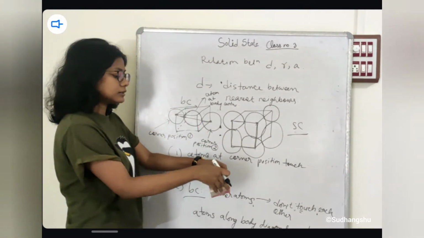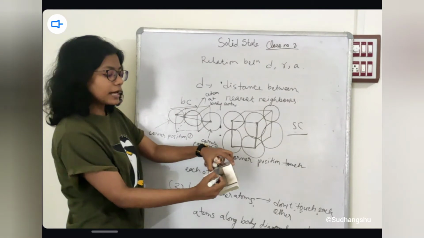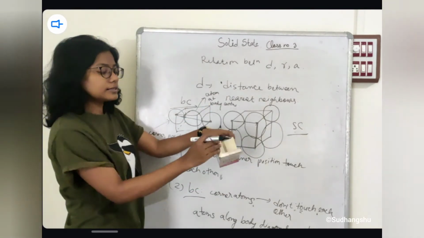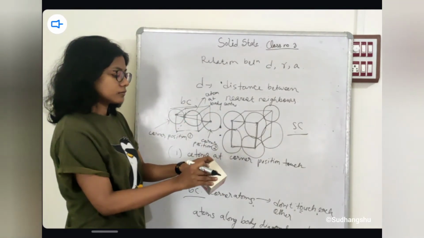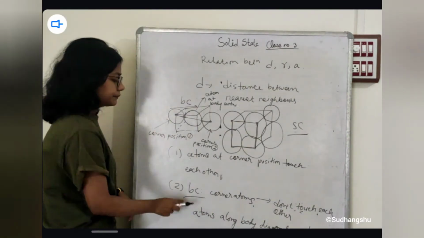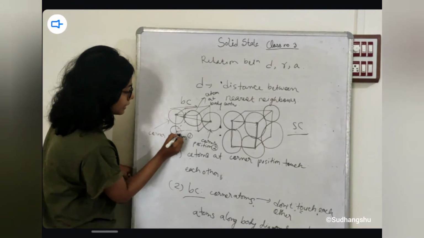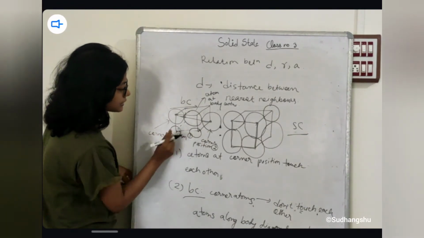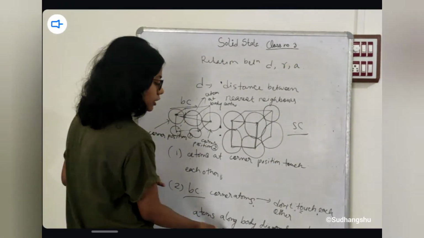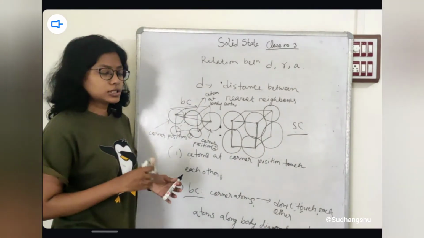The middle one is inside this cube. So for body center, the corner atoms do not touch each other, but atoms along the body diagonal touch each other.